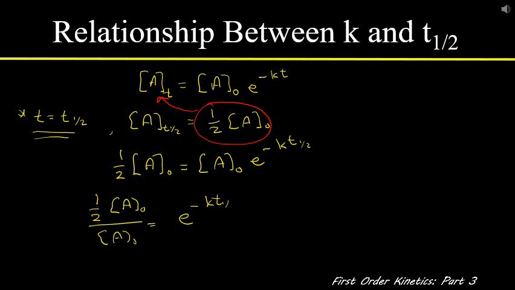That gives us this. Okay. And if we divide in this fraction on the left-hand side, we can cancel out the A sub 0. Just boom, boom. And what that gives us is 1/2 equals e to the minus kt, when t is the half-life.